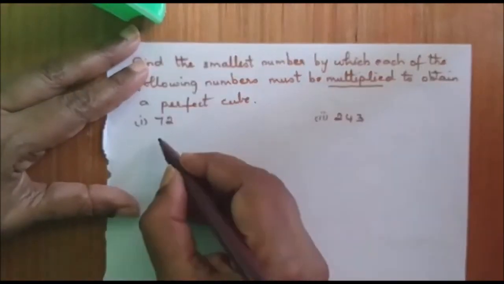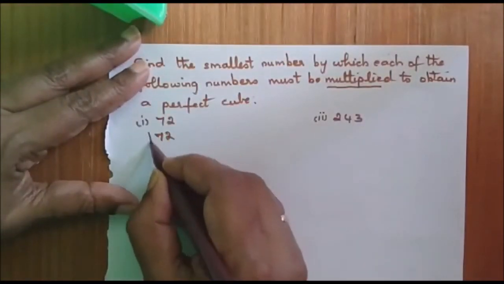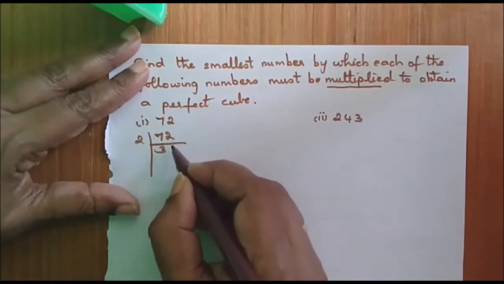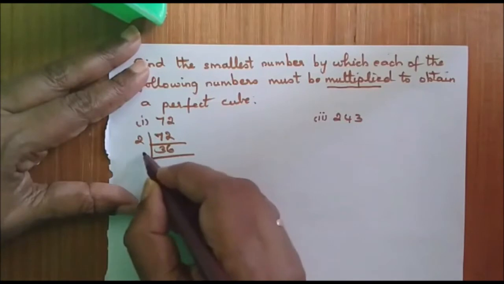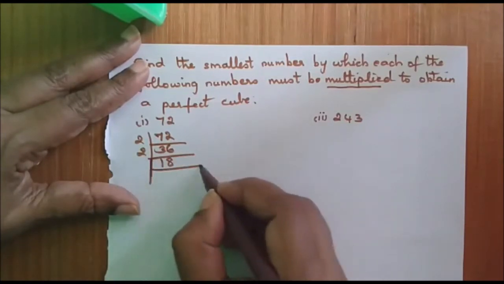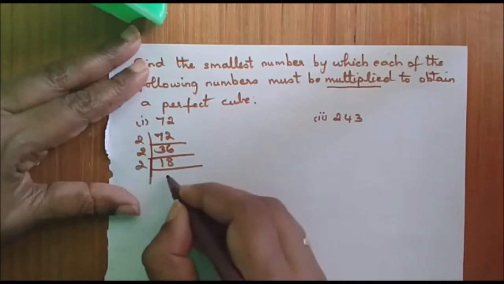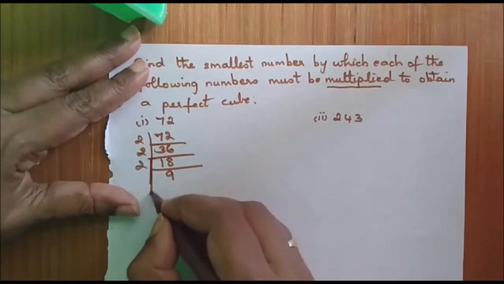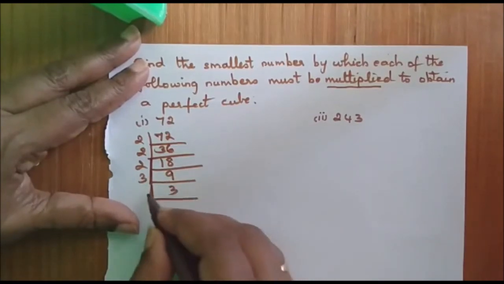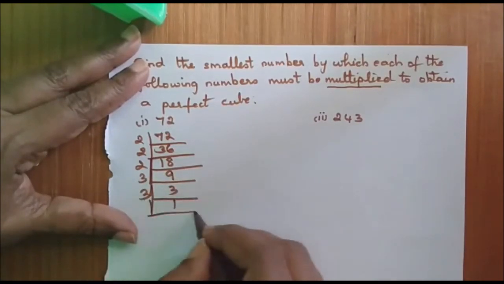For that, we will do the prime factorization method. 2 goes in 72, 36 times, then 18, then 9, so 3 goes in this 3 times, 3 goes in this 1 time.